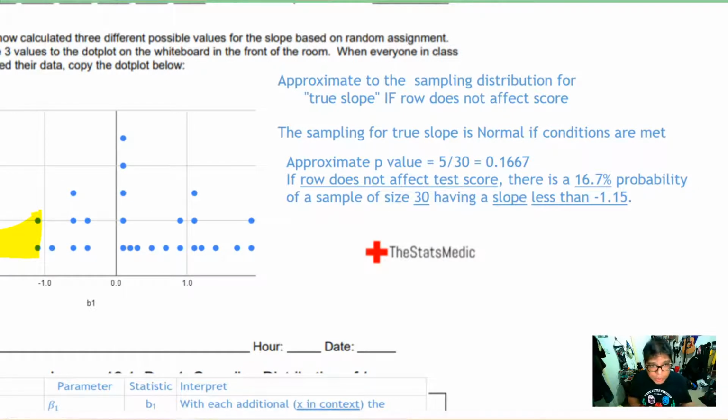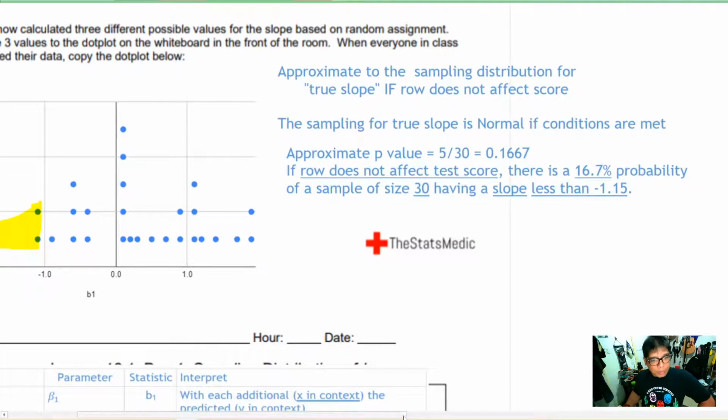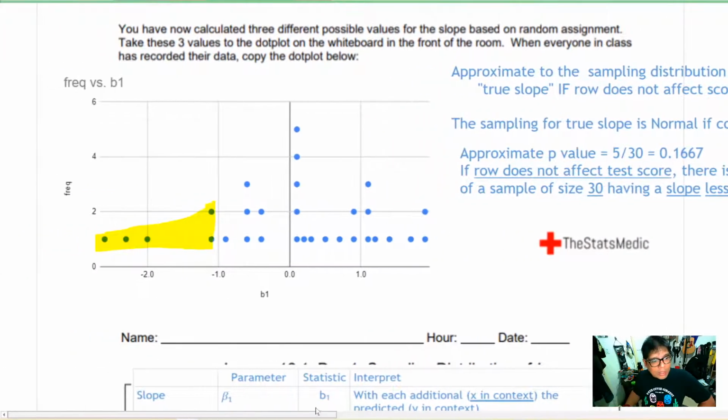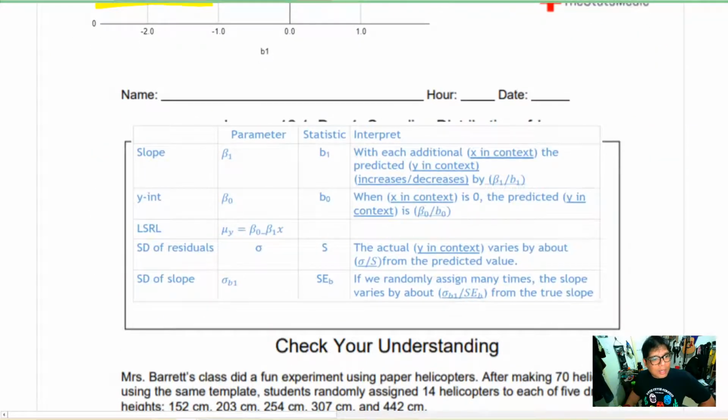In other words, having a slope of negative 1.15 is not statistically significant if we assume that rho does not affect test score.